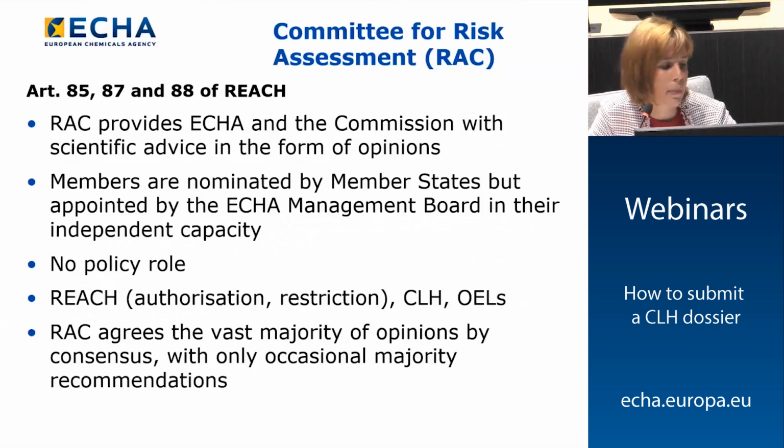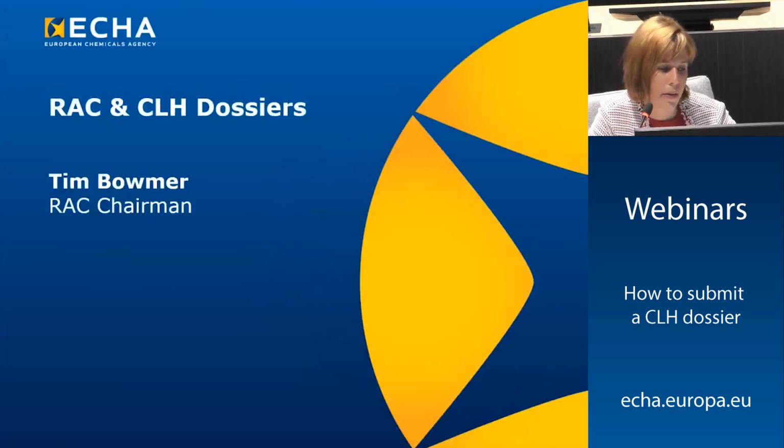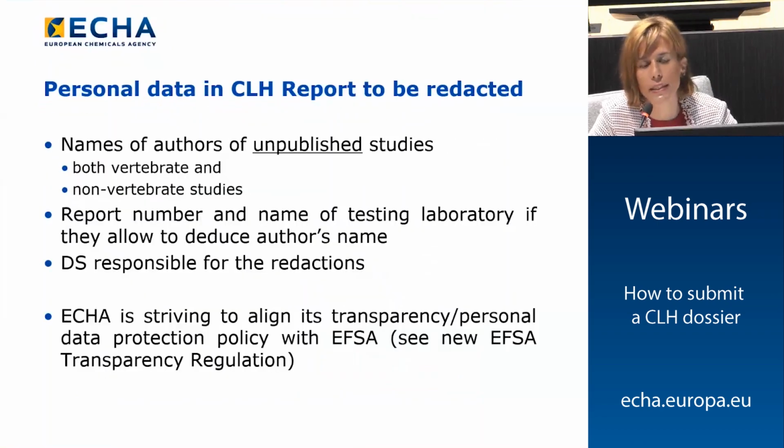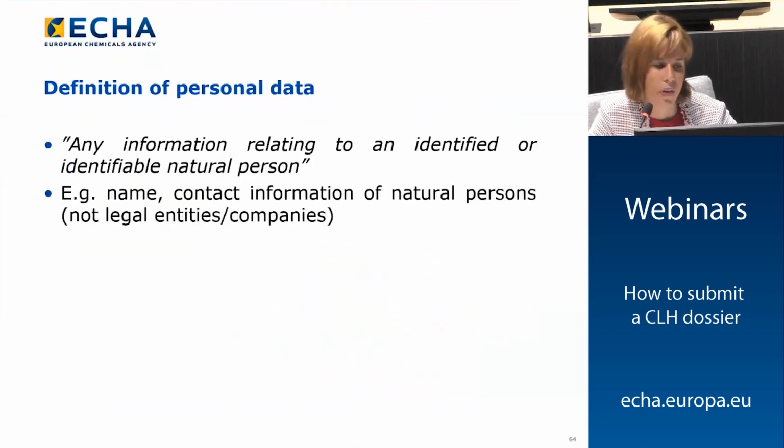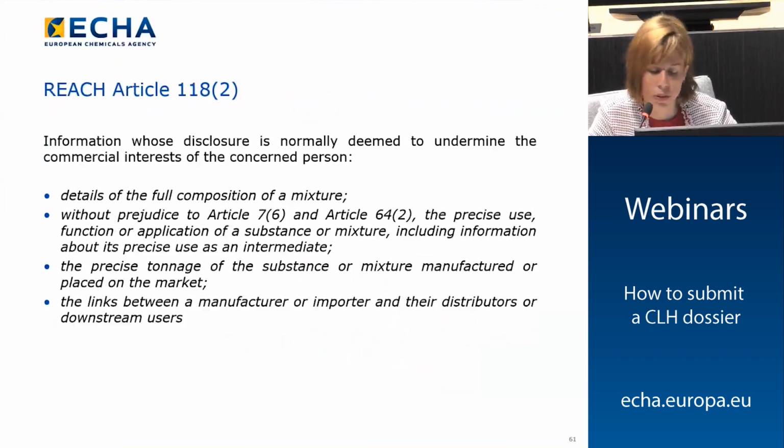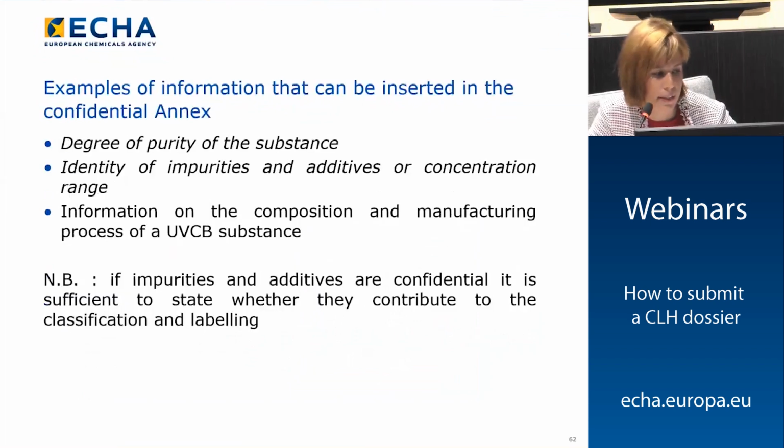This specific entry reflects what is normally considered confidential under competition law rules. Because, of course, the disclosure of the precise tonnage can give an indication of the market share of a company or its production capacity.